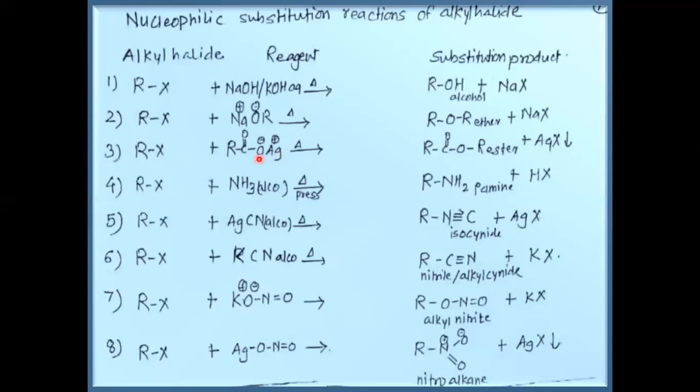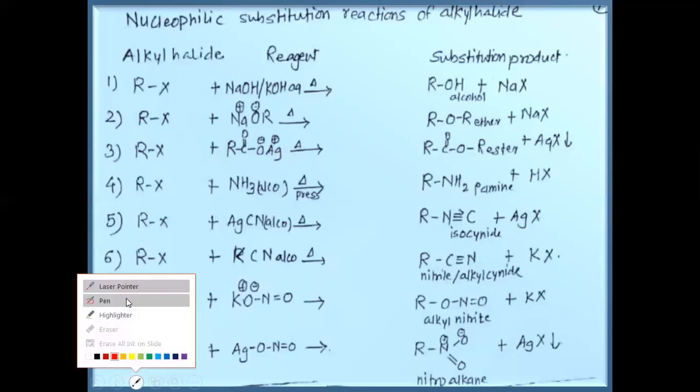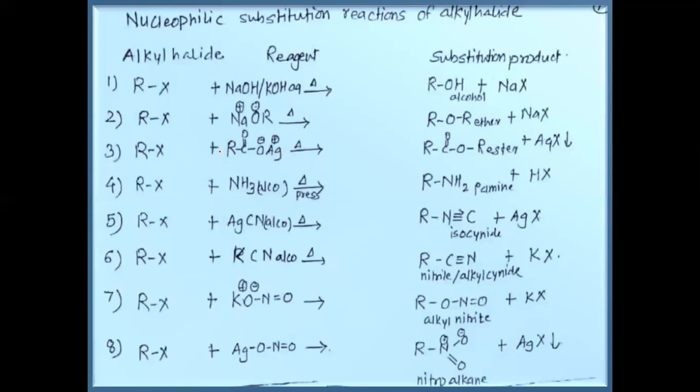When heated, X is substituted by this carboxylate group, RCOOR, which is an ester, plus silver halide forms as precipitate.